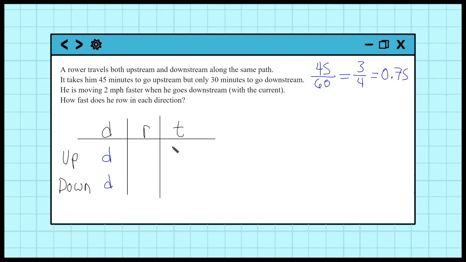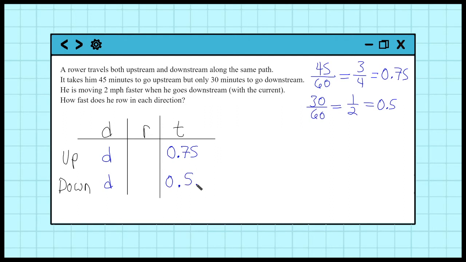So I'm going to put it in as 0.75 hours, because time is hours. And then downstream is only 30 minutes. Well, 30 divided by 60 is the same thing as 1/2, which is 0.5.